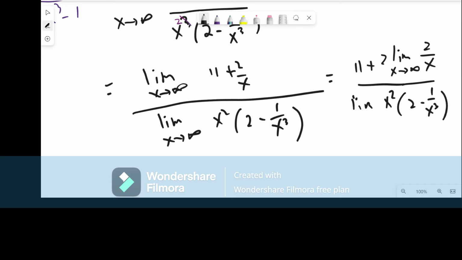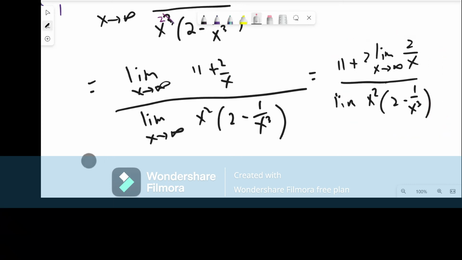I think that would be slightly complicated. Maybe I should not use these theorems at this stage, because here the x squared is going to infinity, but this term is finite, and this will give me some kind of trouble.